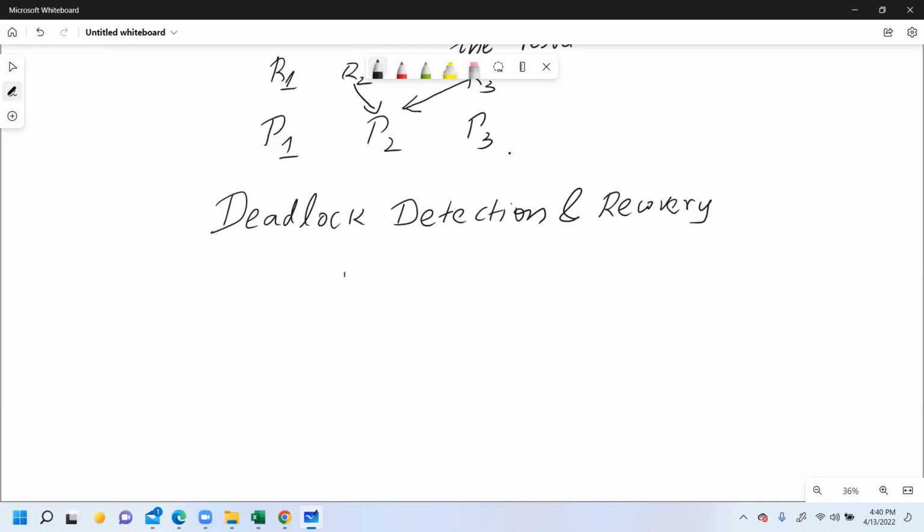If all these processes P1, P2, P3 are in a circular wait, and everything is waiting for each other, you draw the directed graph and you'll see that there is a deadlock. What this tells is to kill one process. So if you can kill the process, see whether the deadlock can be avoided or not.